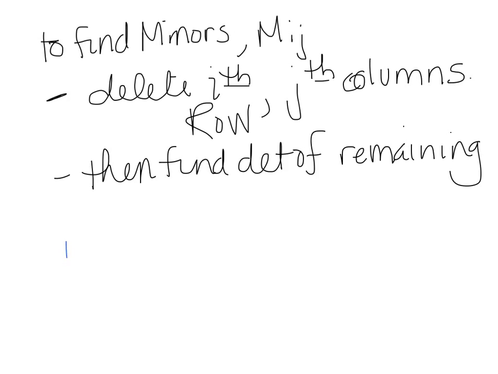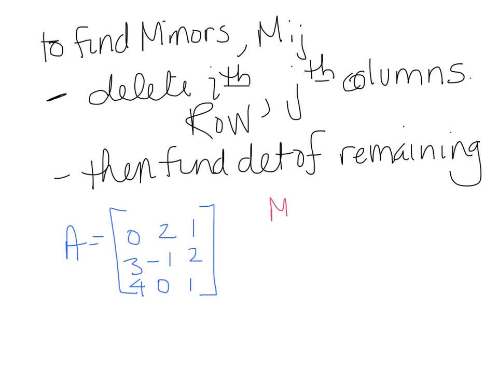Example. Let's have a 3 by 3 matrix. Here's 0, 2, 1, 3, negative 1, 2, and 4, 0, 1. That is my 3 by 3 matrix. I want to find M11. What we're going to do is delete the first row, delete the first column.